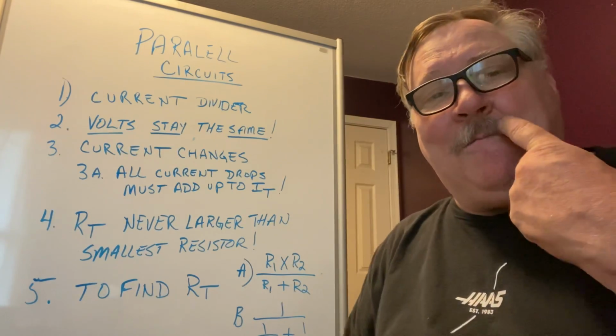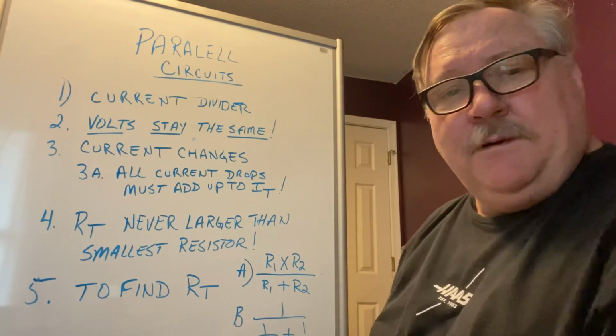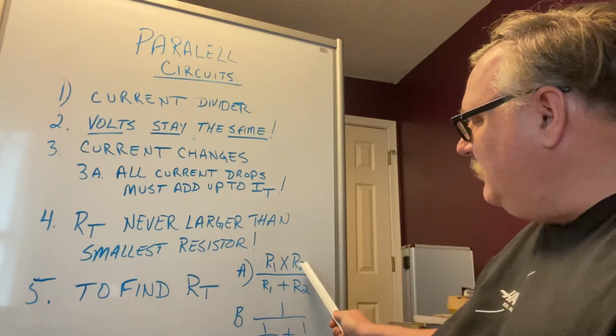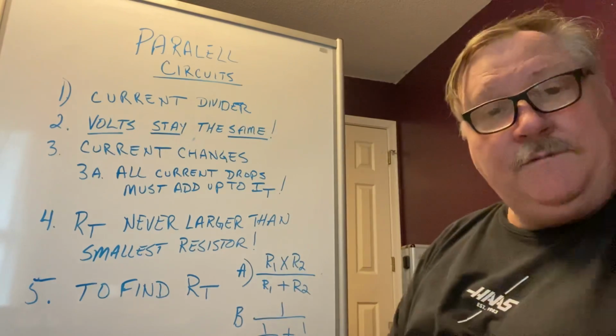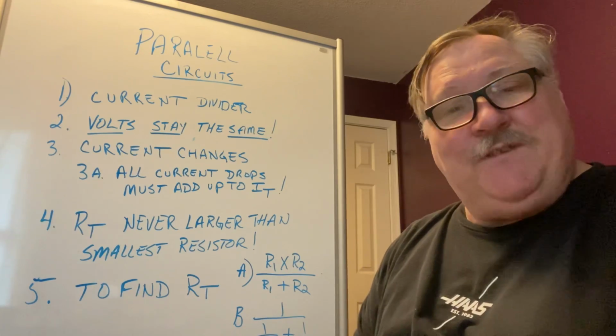Now the one that they typically introduce you guys to when you first get into parallel circuits is this formula right here: R1 times R2 divided by R1 plus R2. That's a very simple one. The problem with it is it's not efficient.